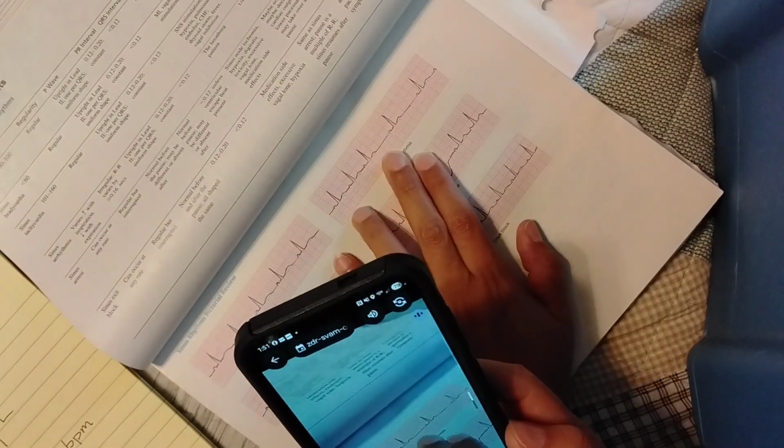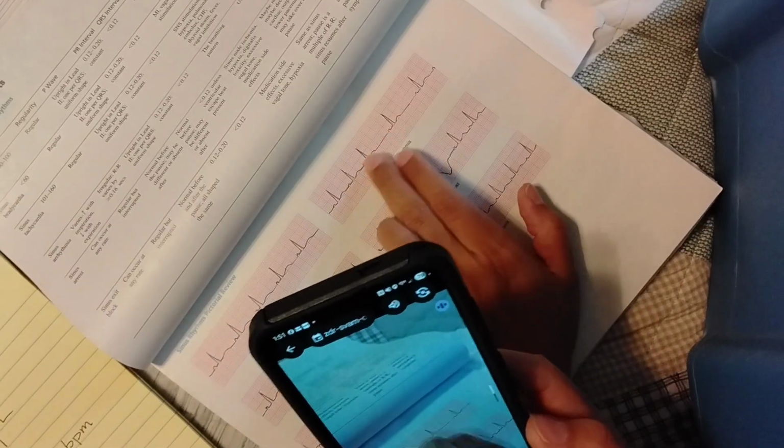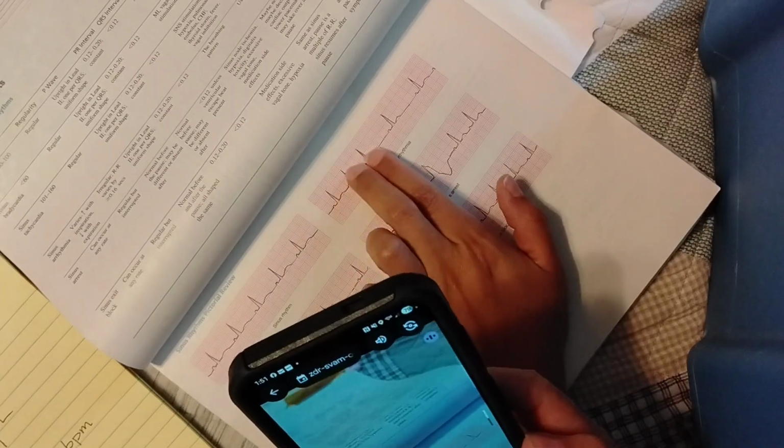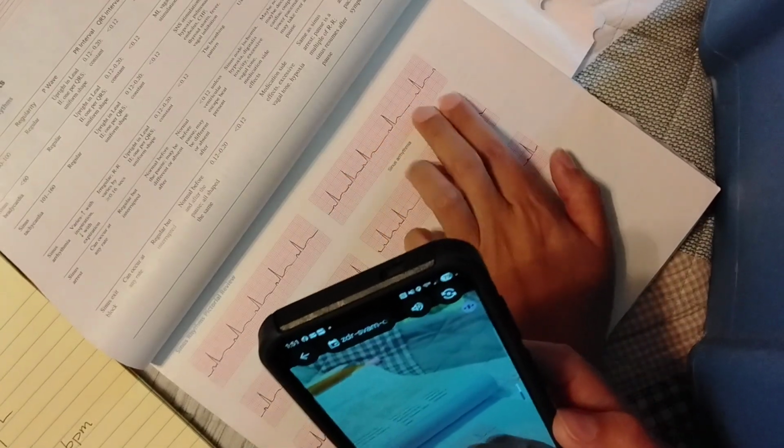It's still good, except it's just not regular anymore. It's not marching out. There's no pattern anymore. So the rule for sinus arrhythmia is still a good heart, but it goes up and down.